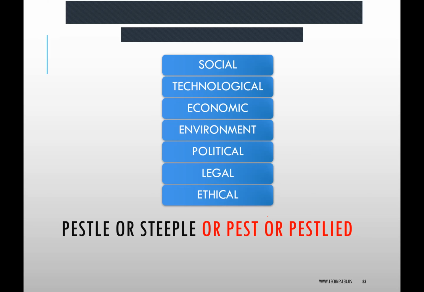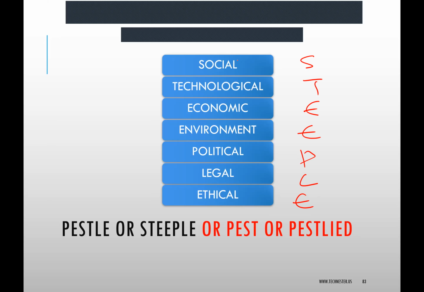So let's see the meaning of each of those alphabets. I use this STIPLE here, which is just PESTLE reorganized, right? So S will stand for social. T is technology. So this may be social, cultural, if you want.